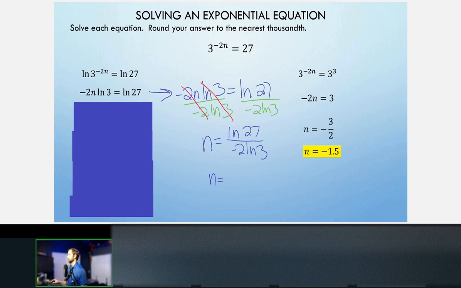All right. Give me a green check when you have typed it in and you have got -1.5 after typing all that stuff in. It is very important all of you type it in and can get -1.5. If you cannot get -1.5, please speak up and let me know which model calculator you are using, so I can try to help you figure out what you're not entering correctly.